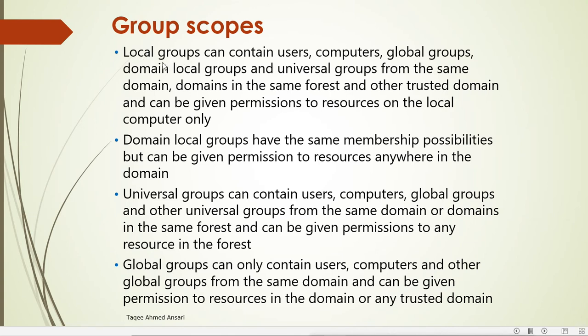We can make the local users, computers, and global groups, domain local groups, and universal groups a member of these local groups, but all from the same domain. That means all the users or computers, all the local groups, domain groups, and universal groups can be members of this local group, but only from the same domain where the local group is created.